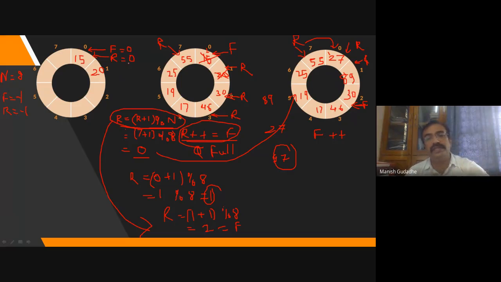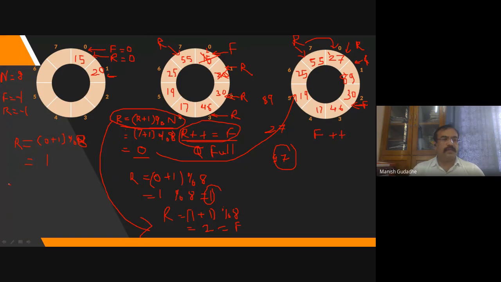That means R needs to be incremented, but not by 1; R will be incremented by R plus 1 modulo N. So what will R become in this case? Initially R is 0 plus 1 divided by N, and its remainder is coming out to be 1. So R will be 1. R will be pointing here.